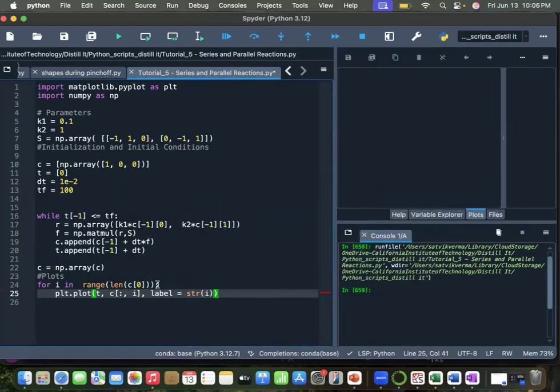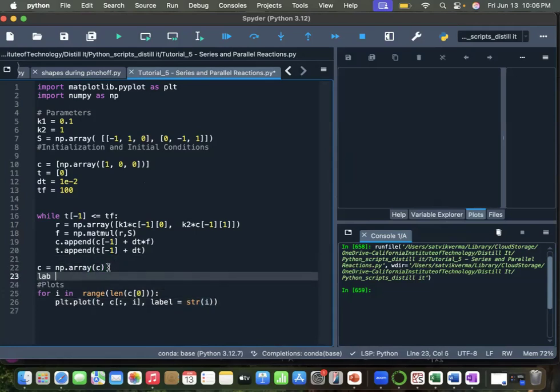You could do some different coding tricks to add A, B, or C over here. For example, maybe I could make a label list and I could say this is A, B, and C, and I could just say this could be label I, right?